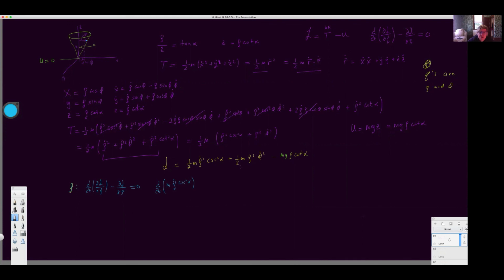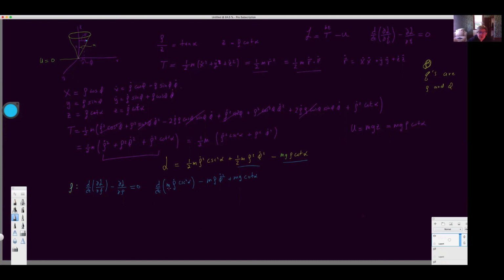Notice there are 2 terms that have a rho in them. So let's do the first one: minus m rho phi dot squared, and then plus mg cotangent alpha.